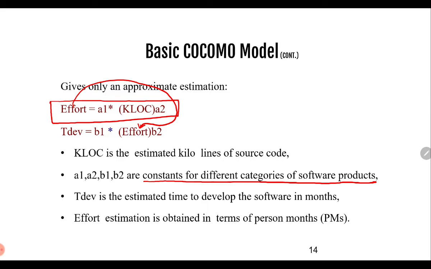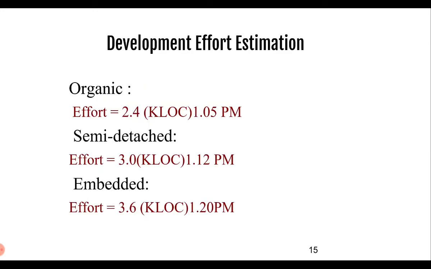Dev is the estimated time to develop the software in months, and effort estimation is obtained in terms of person-months. So through effort, we will have an idea of how many people would be working on it, and through this we have a unit which is months. Whenever we are doing something, we should not forget to write the respective units of each of these equations.